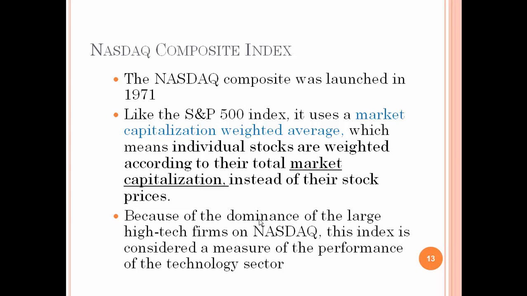But if there are 1 million shares outstanding, then the total market value, or total market capitalization, of the stock is $100 million. So whether you rely solely on the $100 price or on the $100 million market value would make a difference in the calculation of the indices.